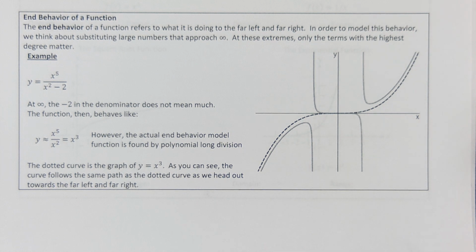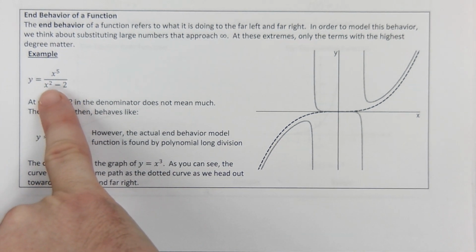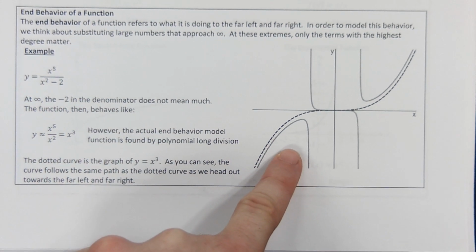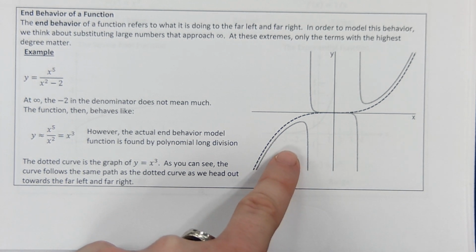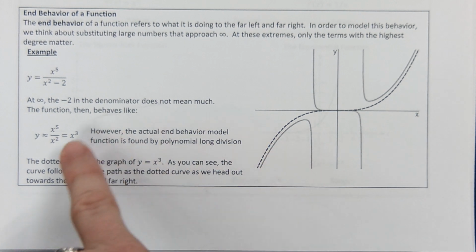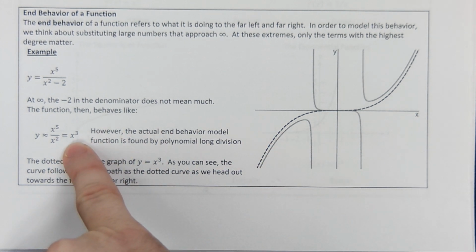And I kind of already dipped into this a little bit with Nyla on the paper just a second ago. Look at this example. This is the graph of what x to the fifth over x squared minus 2 looks like. The dotted line would not be there. The dotted line is x to the third.